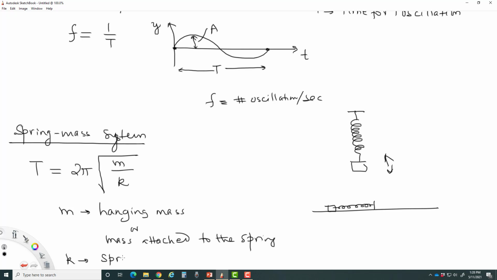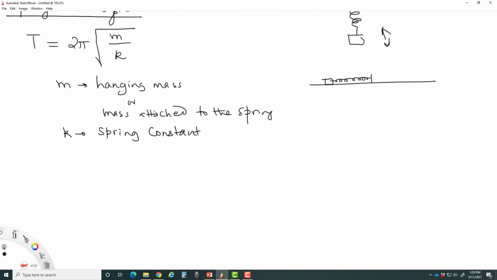Spring constant, we already talked about this in the previous chapter. It basically tells us how stiff the spring is. This formula gives us the time period of this spring mass system, and if I want to find frequency from that, I can just use 1 over capital T, the reciprocal, so f is 1 over 2 pi times square root of k over m.